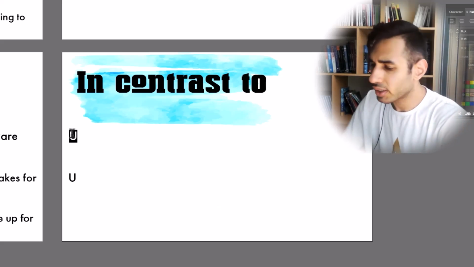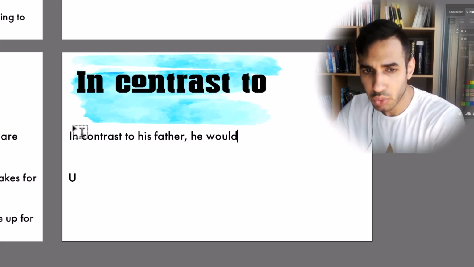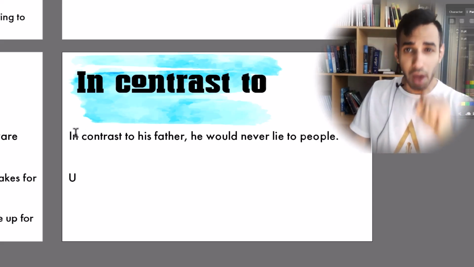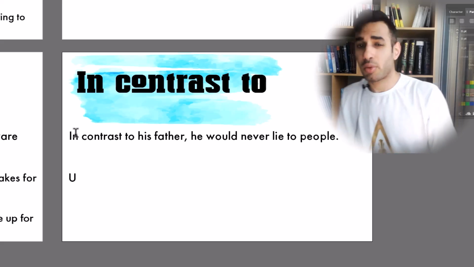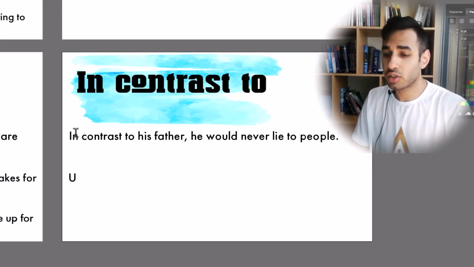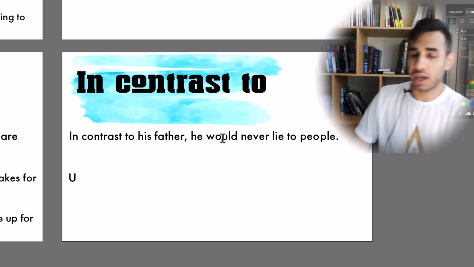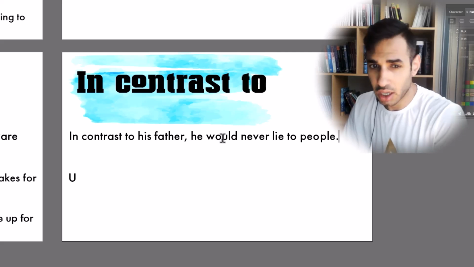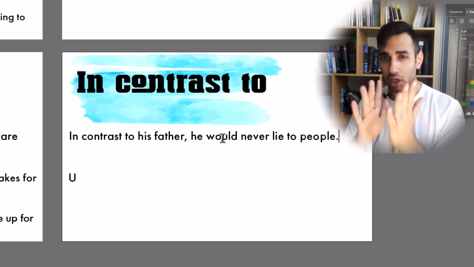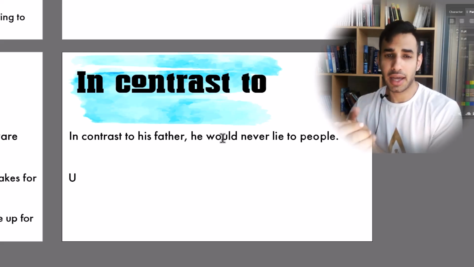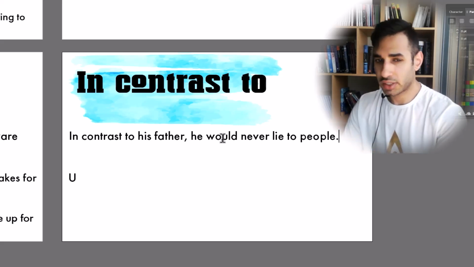Example: in contrast to his father, he would never lie to people. So the father might tell lies to people, but the son would not. If you want to learn the function of would, click on the link above, and I talk about would a lot in another video. Its functions and differences in different sentences.